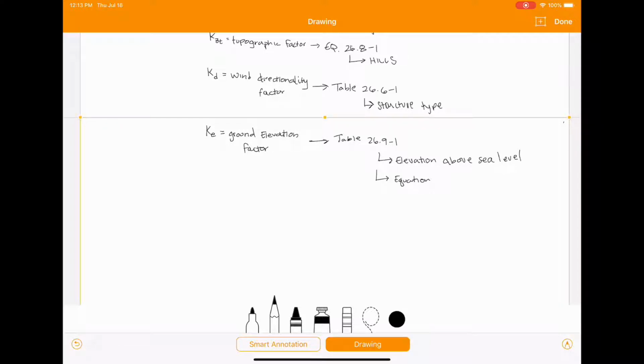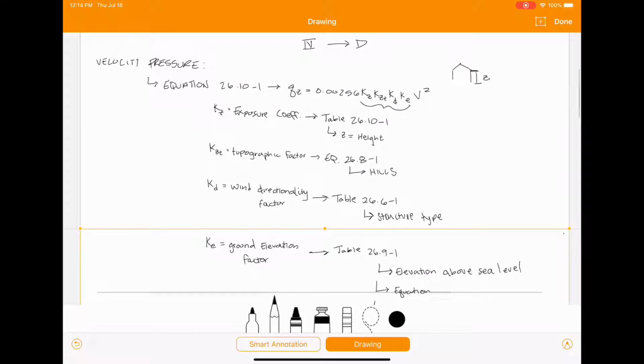You can go ahead and just plug everything into that equation. And also, if you look at footnote number 3, you can conservatively take Ke to equal 1.0 in all cases, and you don't have to calculate it.